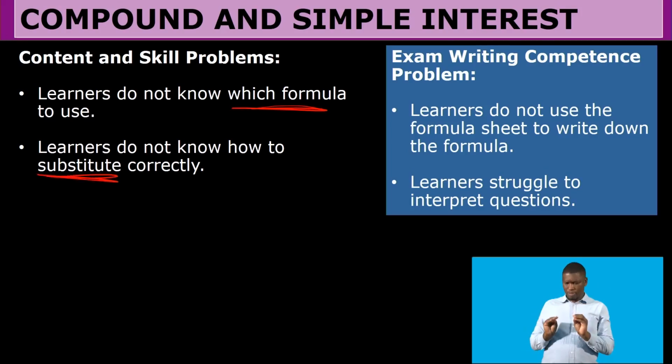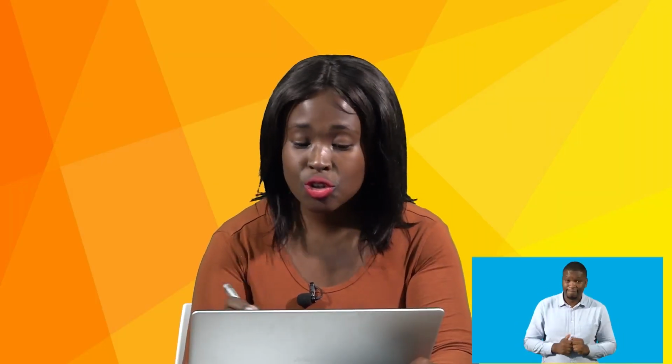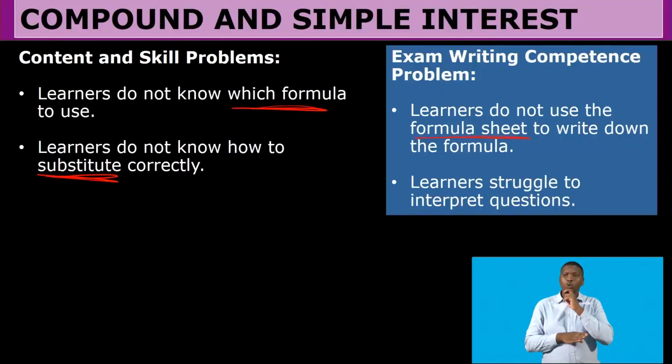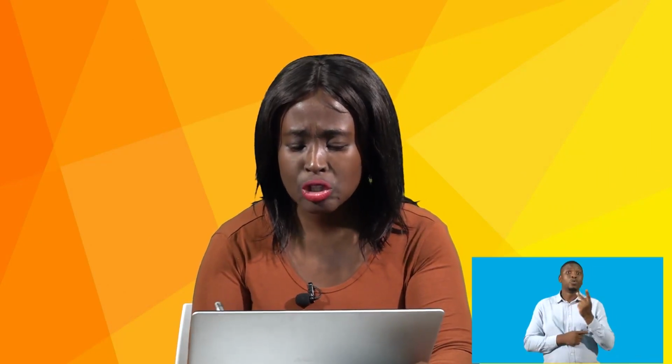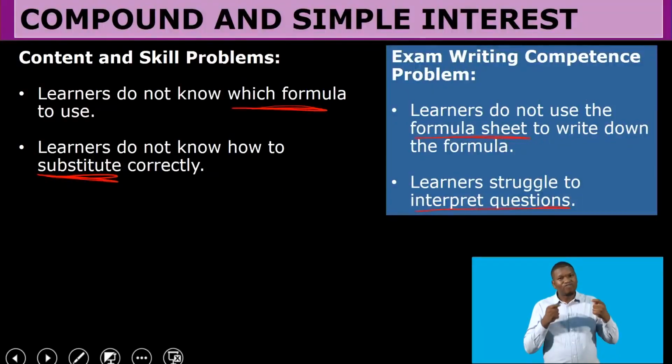So that is an issue that needs to be fixed before we can go into that exam room. And when it comes to the exam, learners do not use the formula sheet to write down the formula. So you know which formula you want to use, but you do not use the formula sheet to write down that formula. Please use that formula sheet. And again, learners struggle to interpret those questions.